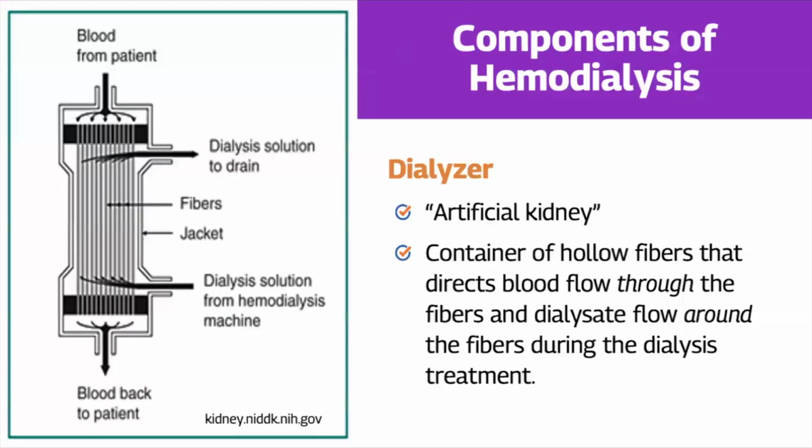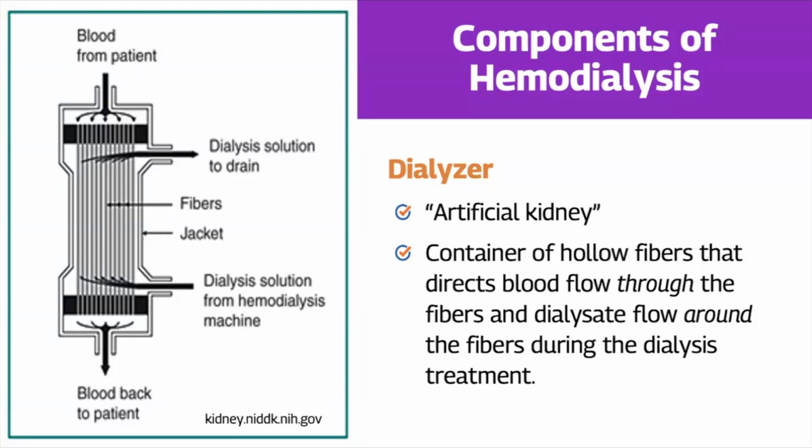So let's start with the dialyzer. The dialyzer is also called an artificial kidney. It's a container of hollow fibers that directs blood flow through the fibers and the dialysate flow around the fibers during the dialysis treatment. You see the depiction here in the drawing.